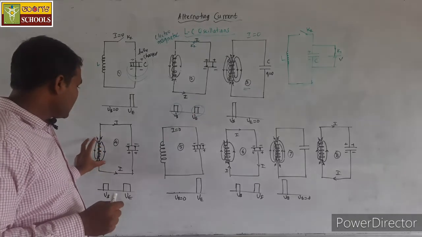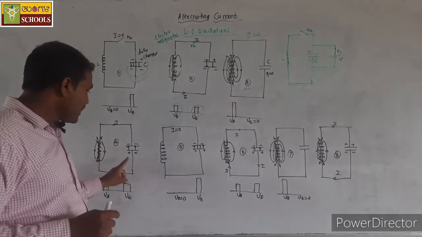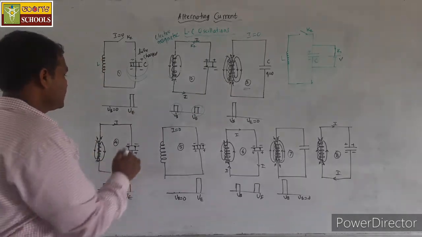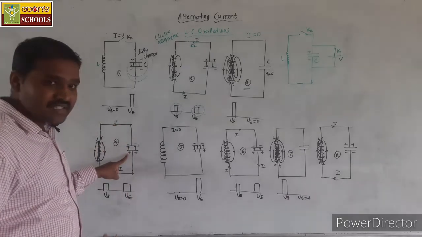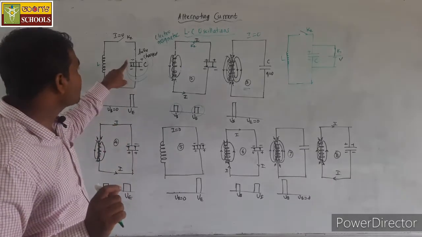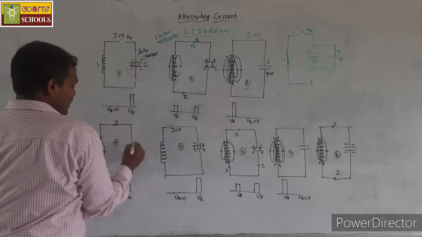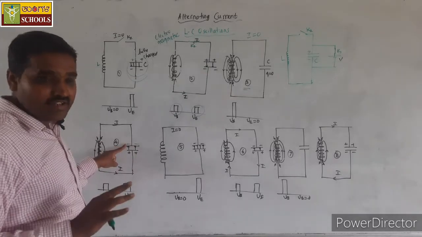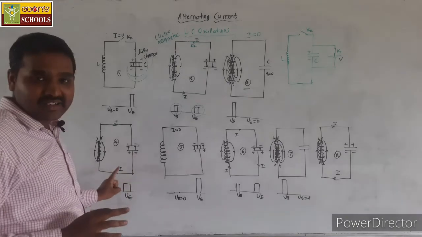The inductor, which has maximum flux, starts charging this capacitor in the opposite direction. The direction of the current is the same, but the charging polarity will be opposite to the initial polarity. So here this is the positive terminal, but here the same terminal starts getting negatively charged because of this flow of electric current.